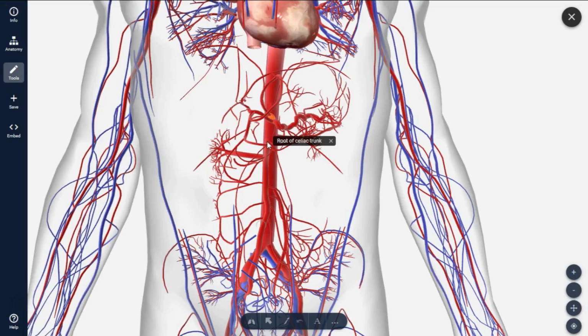One vertebral level below, at the L1 level, we will be having the origin of superior mesenteric artery. Later, at the L3 vertebral level, we will be having another artery arising. We will call that inferior mesenteric artery. So these are the three important branches which are arising from the anterior aspect of abdominal aorta.